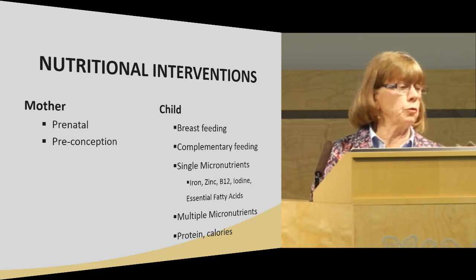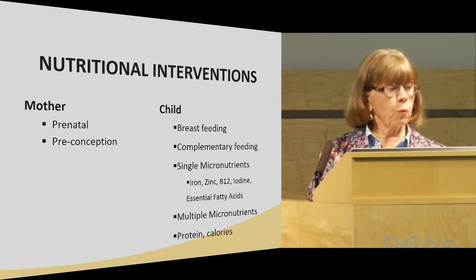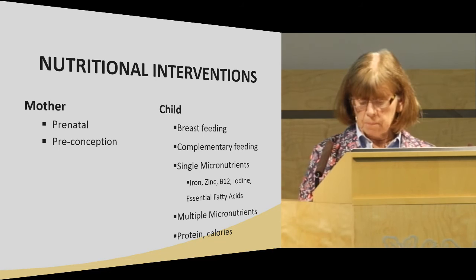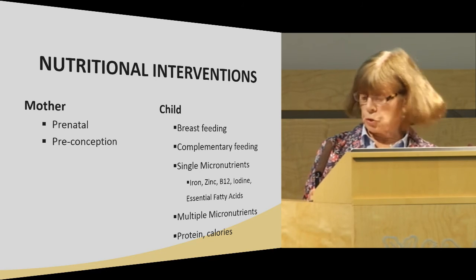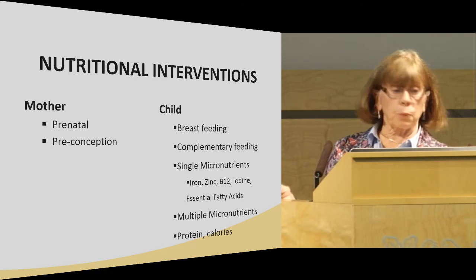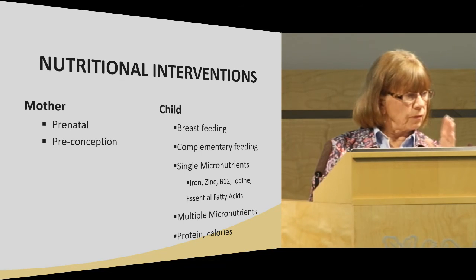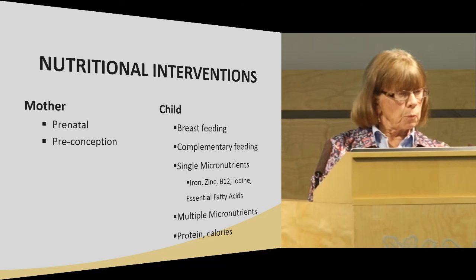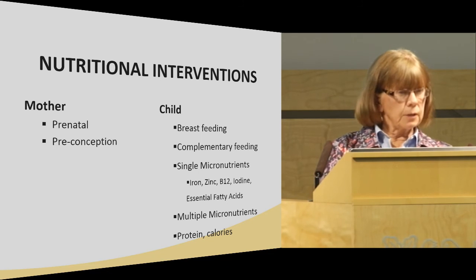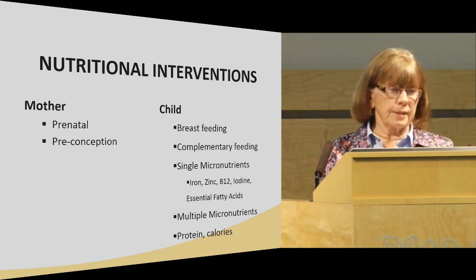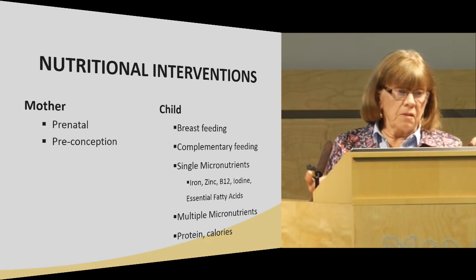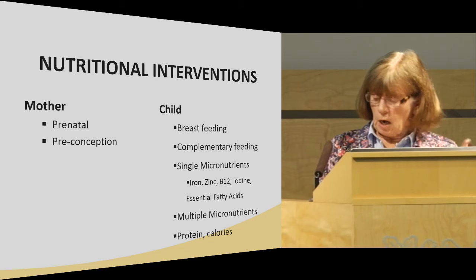So we think about nutritional interventions, and if we intervene with moms, then we can intervene in terms of improving maternal nutritional status. We could do that prenatally, and what we've learned is that prenatal may be too late, and so we can do that preconception. And there are those studies that are in the field now looking at those timings.